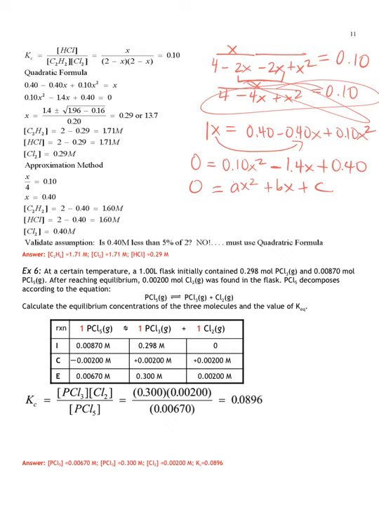I can easily plug it into my formula knowing my a, my b, and my c. So here's my a, my b, and then my c. So plug that into the quadratic formula, and this is what you yield in the end on the side right here.